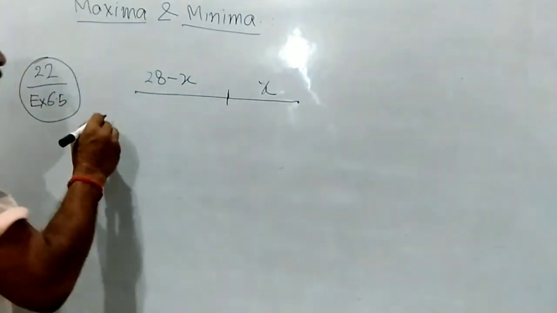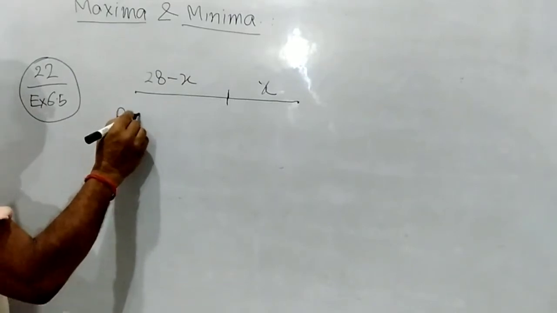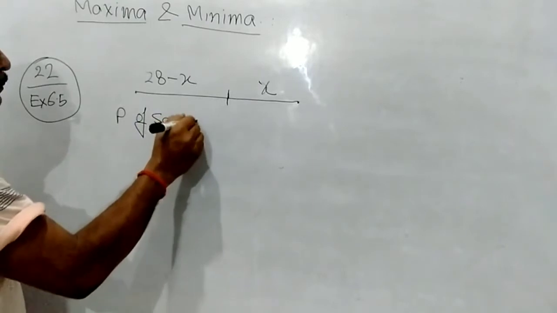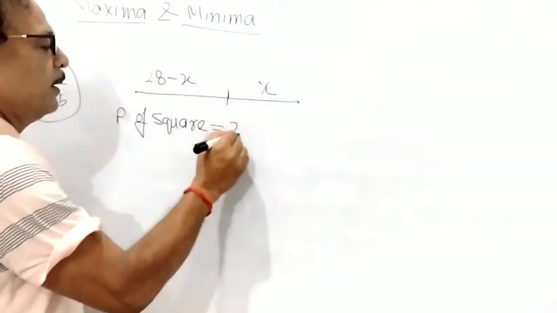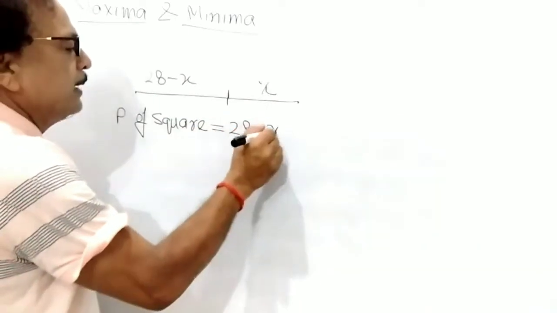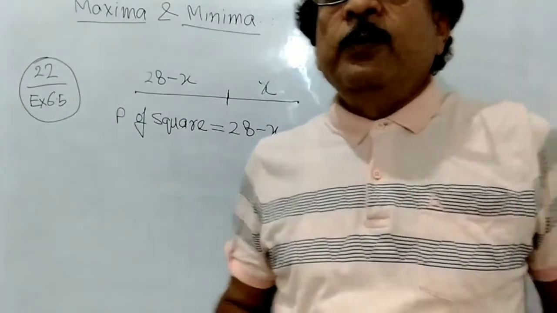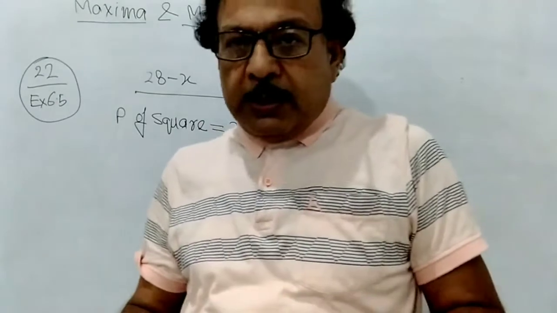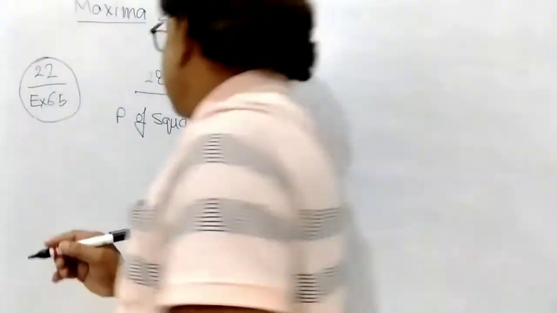The perimeter of the square will be equal to 28 minus X. What is the perimeter of the square?